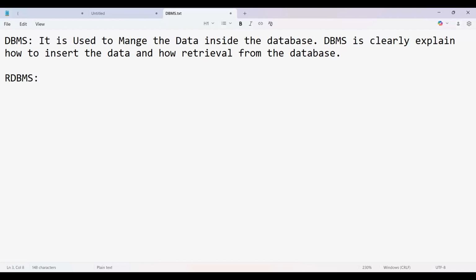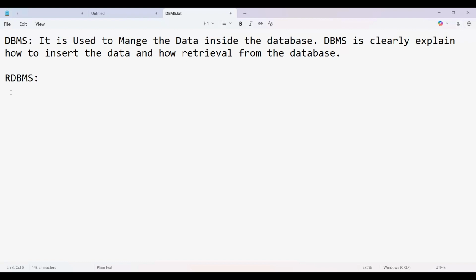It is somewhat more advanced when compared to DBMS.